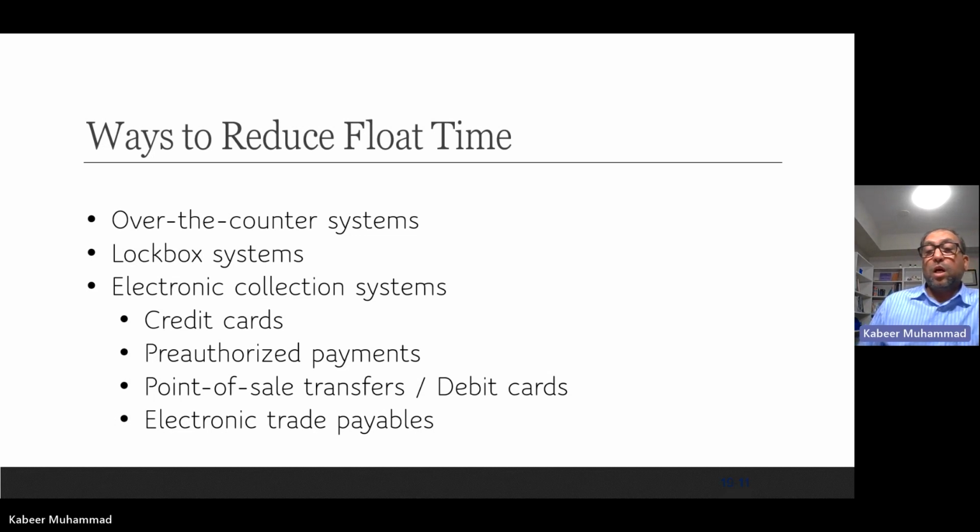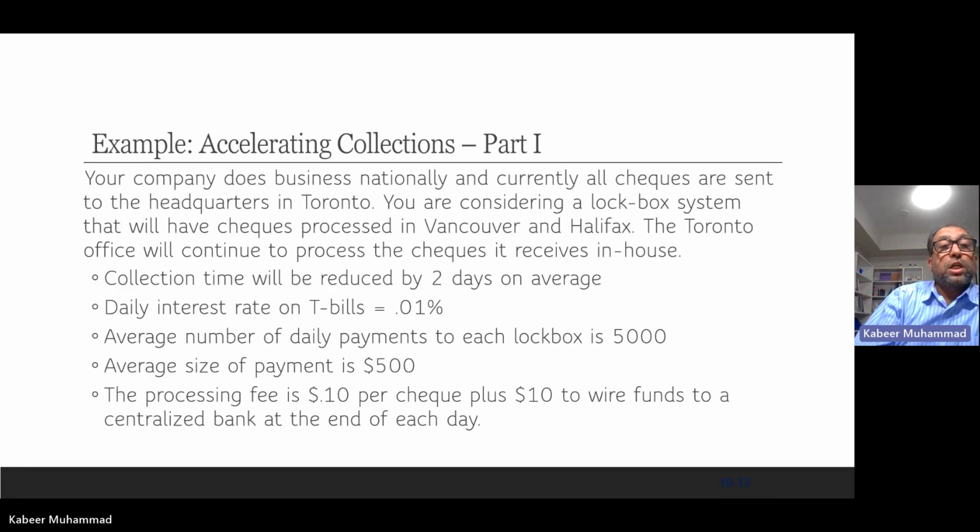We can give standing instructions to the banks so that they can make payments on a regular basis. That's pre-authorized. Point of sale transfers with a debit card and electronic trade payables are also possible nowadays. Now, accelerating collection is one way to reduce this delay, or float of cash, for collection. How can we accelerate?